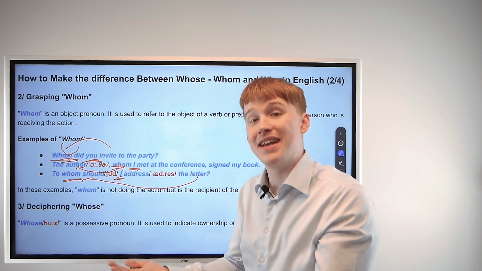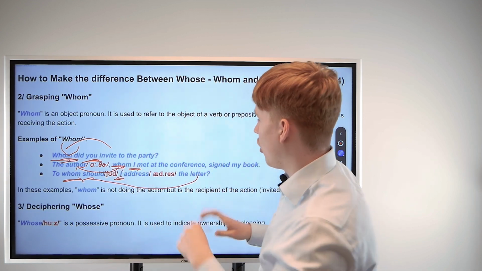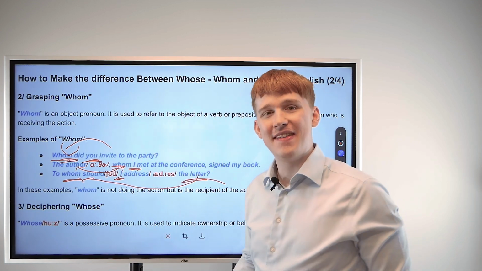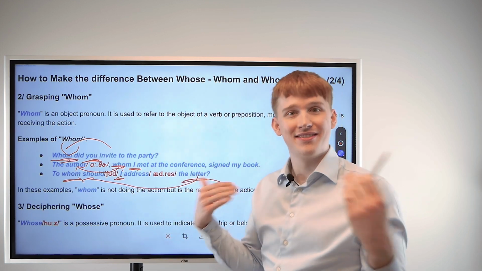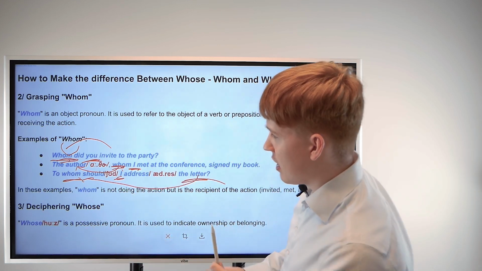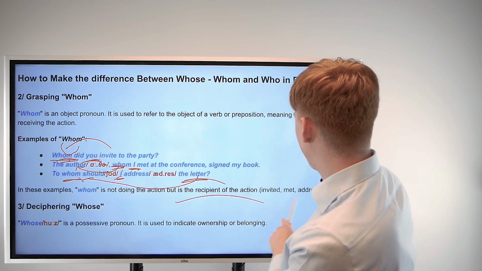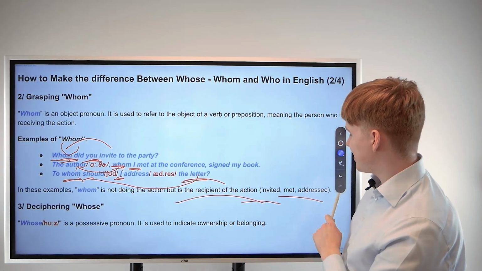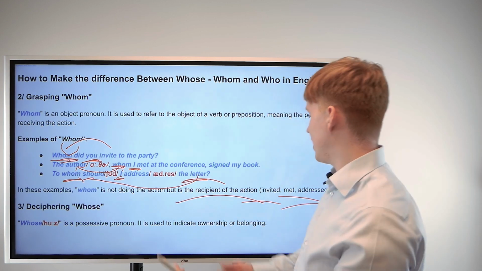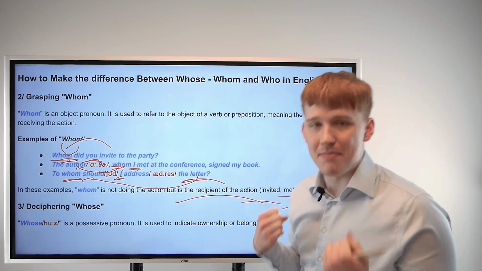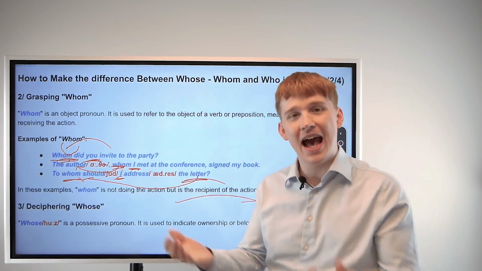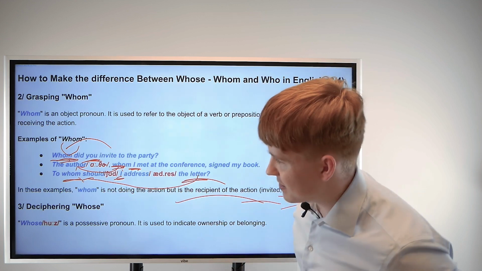So if someone is on the receiving end of an action, then we will use whom. So you can remember it in that way. Lovely. So whom is not doing the action, but the recipient of the action: he was invited, he was met, and he was addressed. It happened to him. Just remember that.